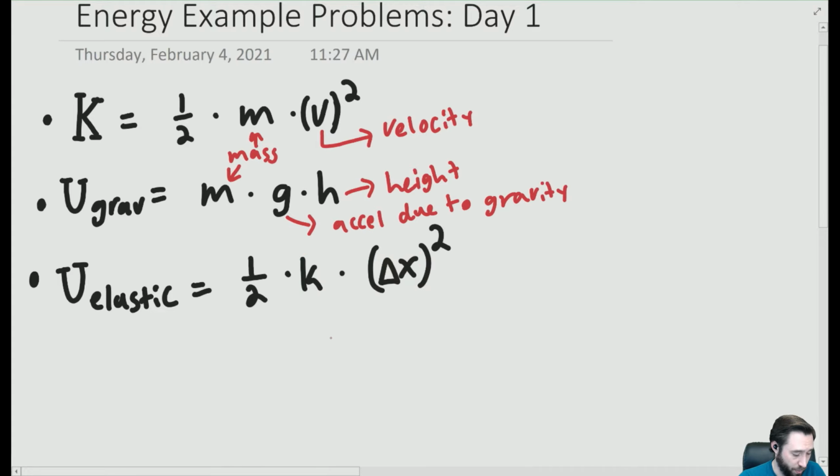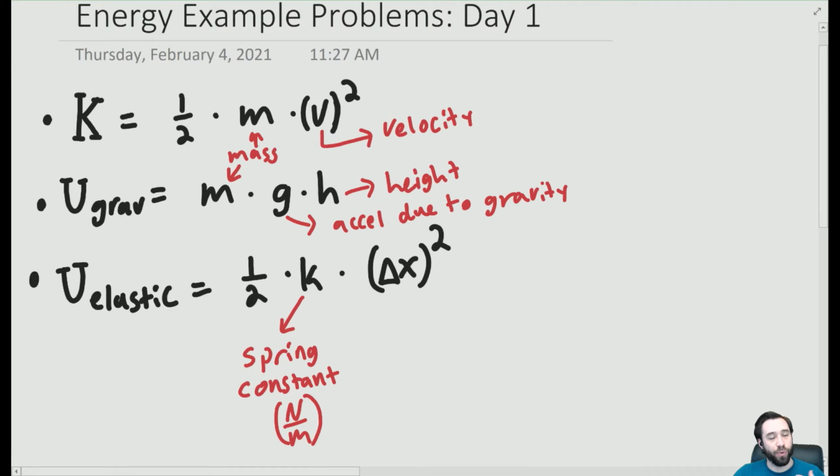So the first one, this is what we call the spring constant. And that is going to have units of newtons over meter.